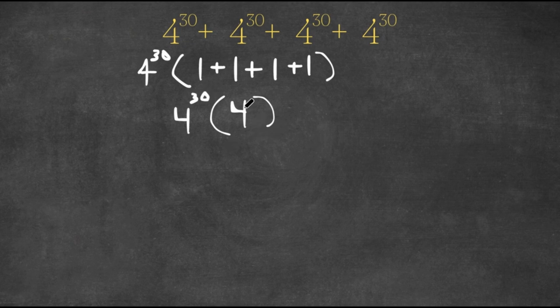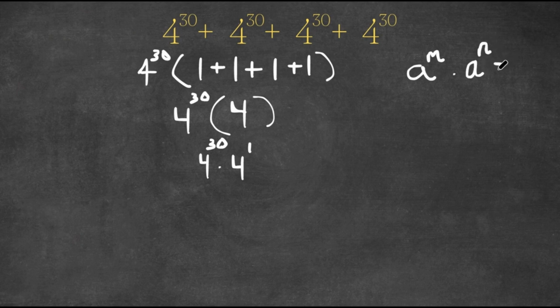Now 4, well, this is the same thing as 4 to the power of 1. So now we have 4 to the power of 1 times 4 to the power of 30. And when we're multiplying exponents, so let's say we have a to the power of m times a to the power of n.